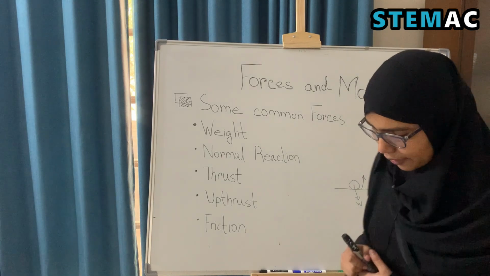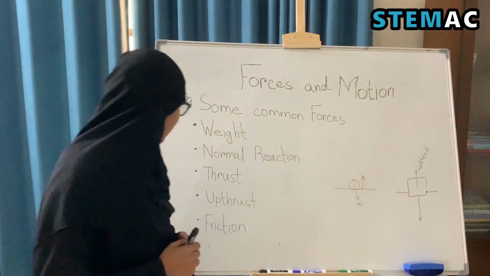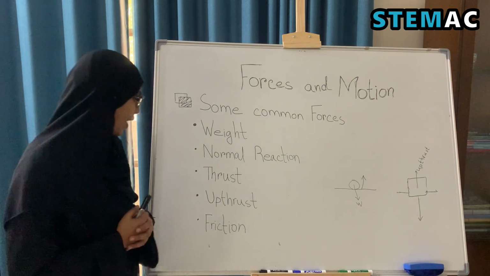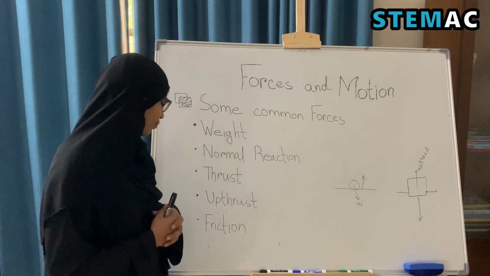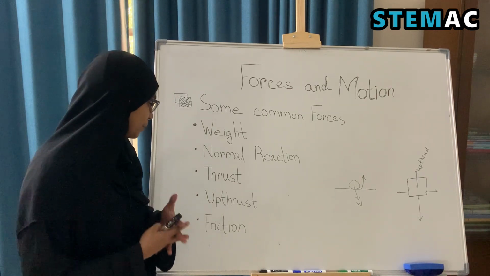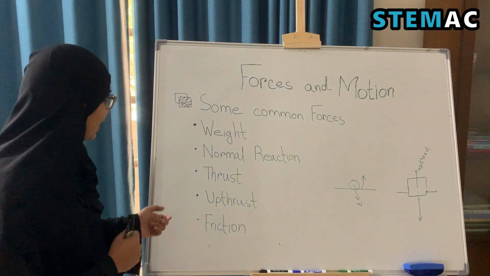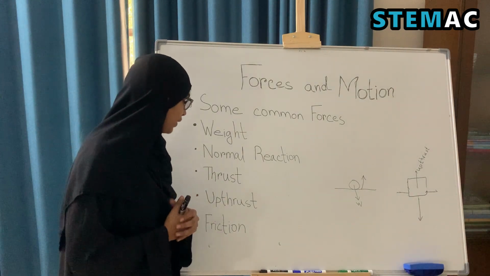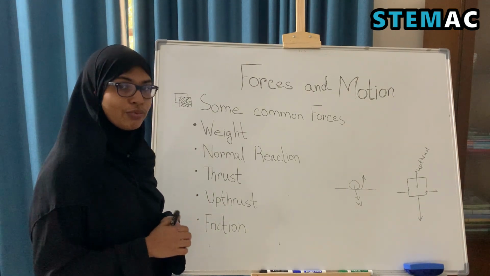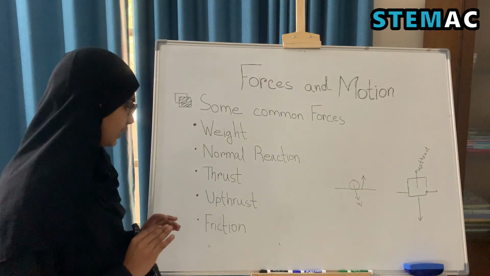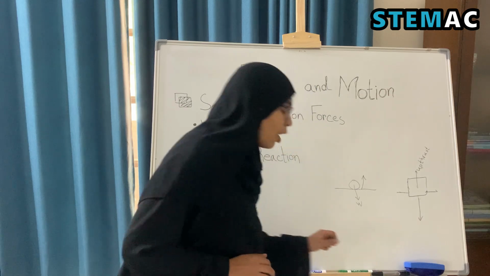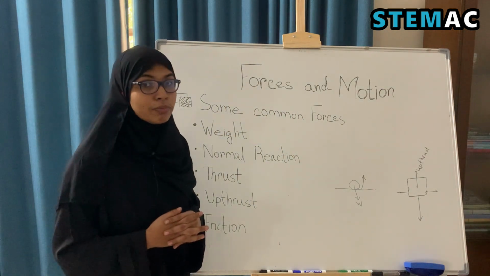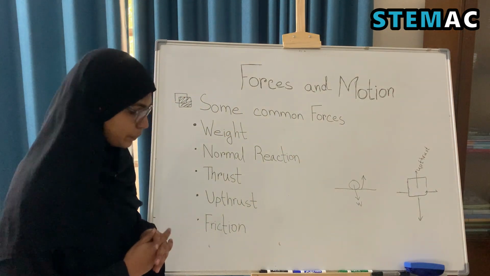So that's about upthrust, and now let's move on to one of the most frequently experienced forces called friction. Friction is a force that opposes the motion of moving objects.